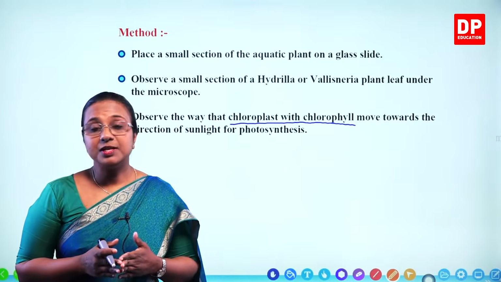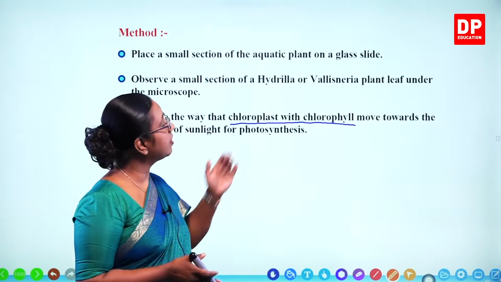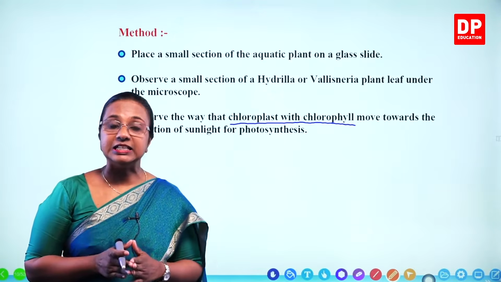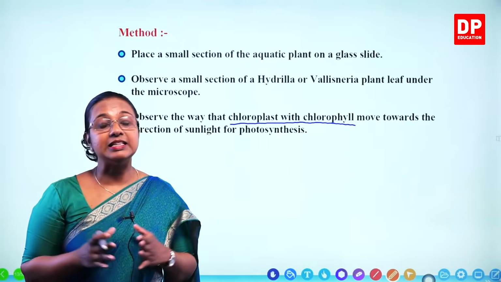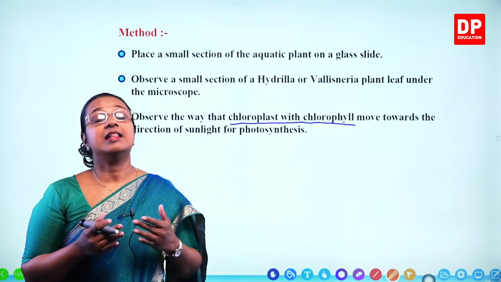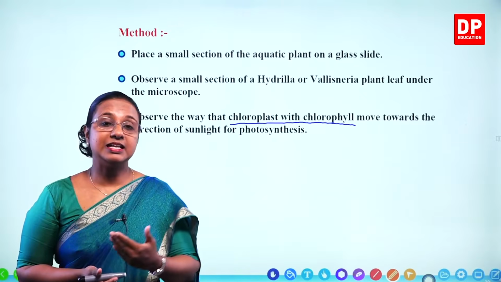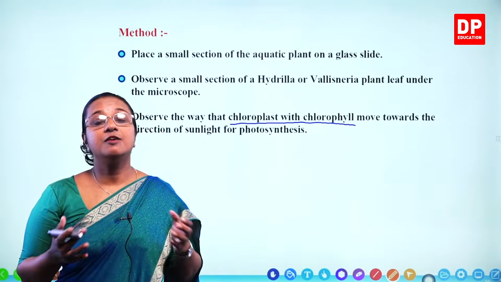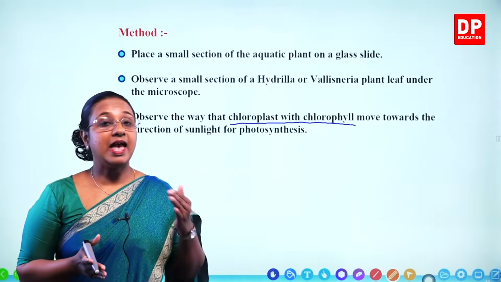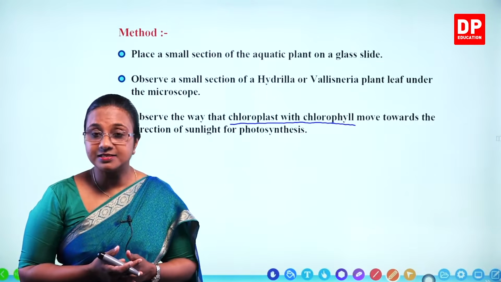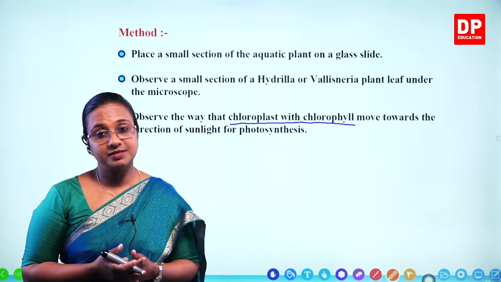We were not able to observe the movement of chloroplast with chlorophyll, but you were able to see the green color in the cells. So from that you can understand there is chloroplast that contains the colored pigment chlorophyll, and this is necessary for photosynthesis. And this is an internal factor that is necessary for photosynthesis.